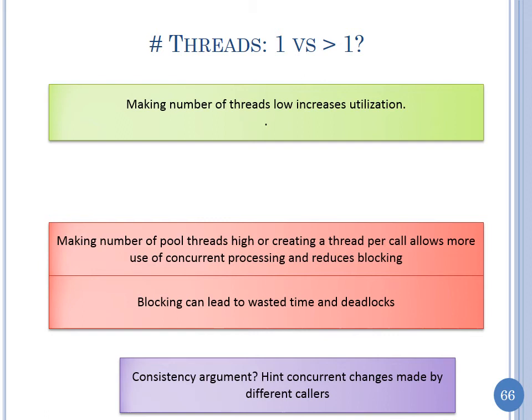Consistency issues arise when there are multiple processes trying to change some data structure concurrently, and you want some guarantee as to what happened. You want the clients to all have a consistent view of what happened. And I'm going to argue that when that's the case, you want a small number of threads in the server, and you want exactly one thread, in fact.